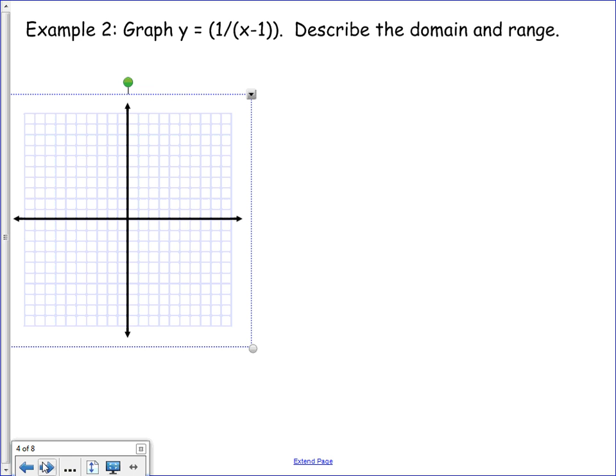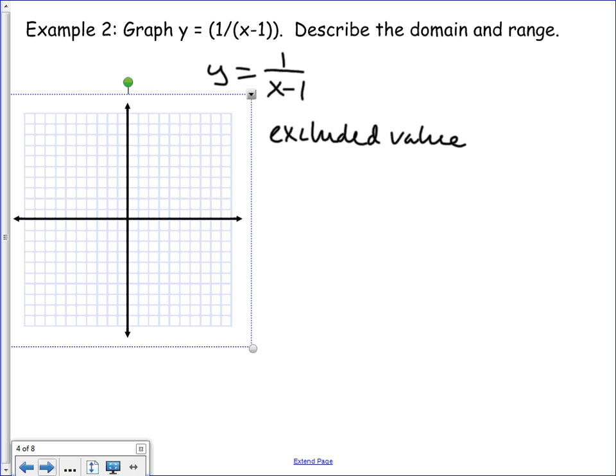Now in example 2, we're going to graph a function close to the basic function y equals 1 over x, but it's y equals 1 over x minus 1. We're also going to describe the domain and range, as we've been doing. First we find the excluded value, when the denominator is 0.